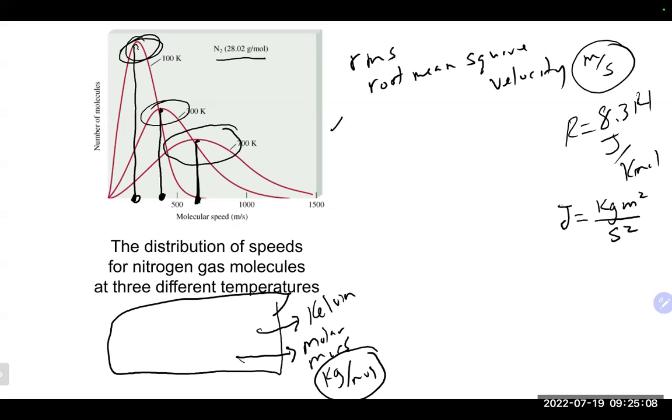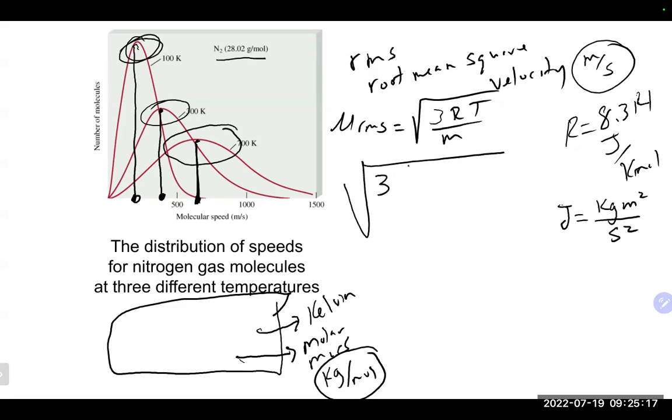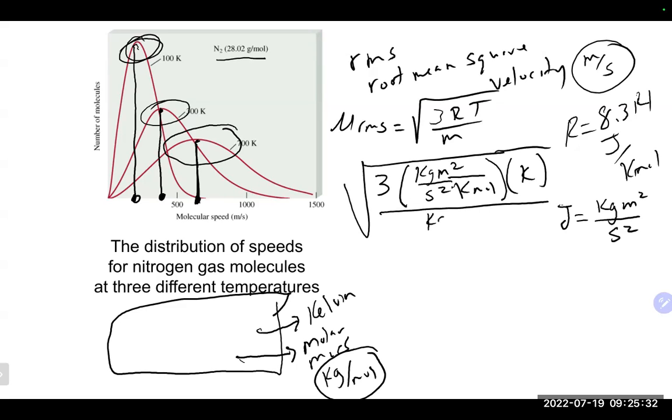the root mean square is equal to the square root of 3RT over M. If we look at the units here, 3R would be kilograms meter squared per second squared per Kelvin per mole. Temperature would be Kelvin, and we would do our molar mass in kilograms per mole. The kelvins will cancel, the moles will cancel, the kilograms will cancel.